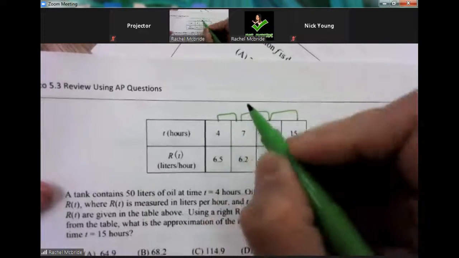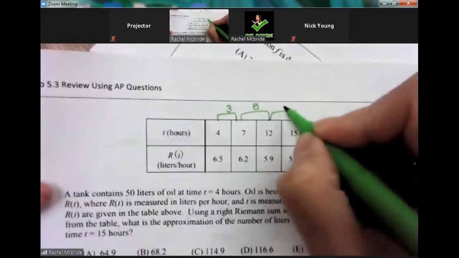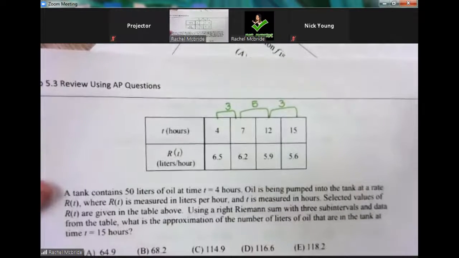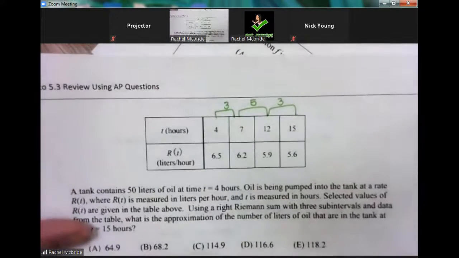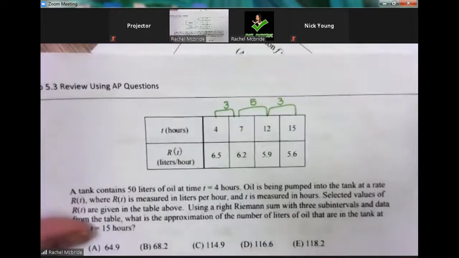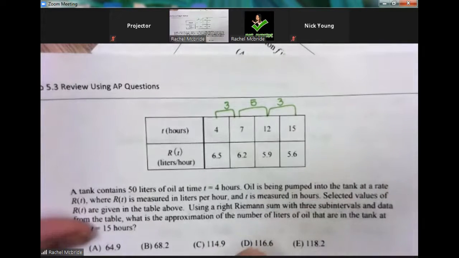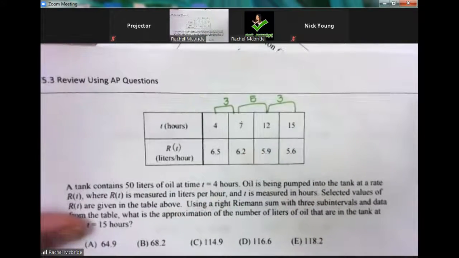The distance from 4 to 7 was 3, 7 to 12 was 5, and 12 to 15 was 3. So when you did a right Riemann sum, your first width was 3, and your height was 6.2, because you would pick the value at 7.